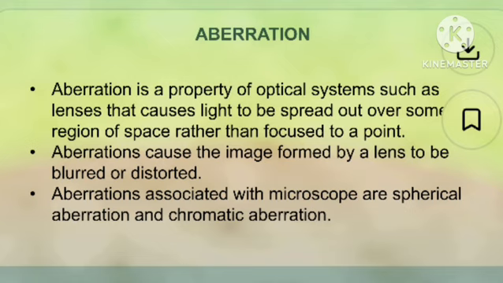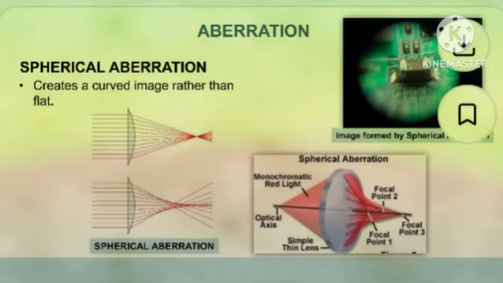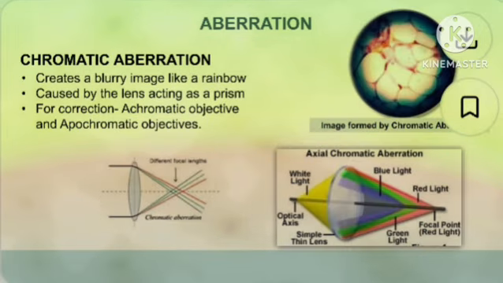Aberration in microscopes is of two kinds, spherical aberration and chromatic aberration. Spherical aberration creates a curved image rather than a flattened one. Chromatic aberration creates a blurry image like a rainbow, caused by the lenses acting as a prism.